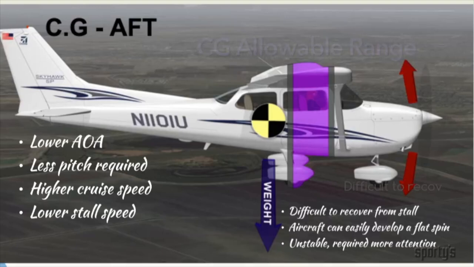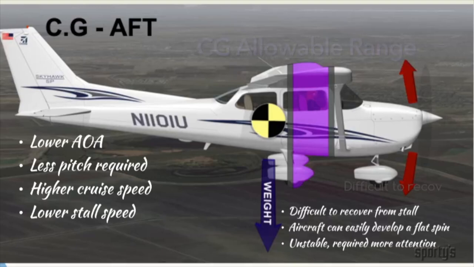We're going to have a lower angle of attack, less pitch is required, higher cruise speed, lower stall speed. Up to here it looks good, right? That means our nose is going to go slightly downwards, but it's going to be more difficult to recover from a stall.